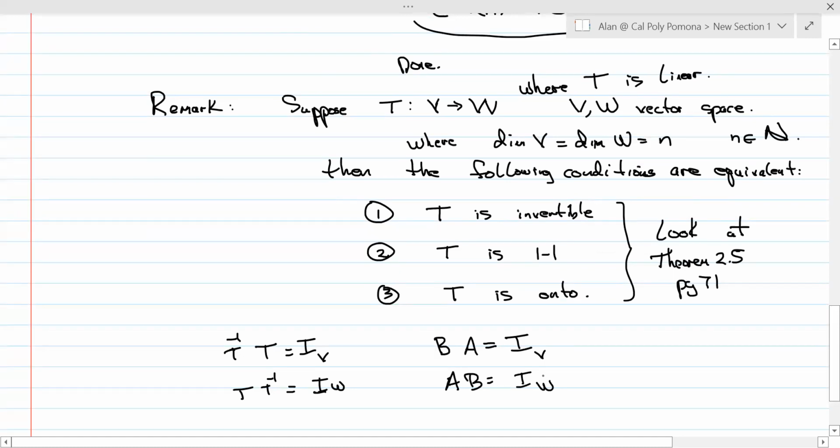And it's natural, given the remark they just made, to look at this when these have the same dimension. So suppose the dimension of everything here is n. Then it's interesting to think about when these 2 matrices give you the identity. Let's just call it I sub n, since we're assuming everything is n-dimensional here.